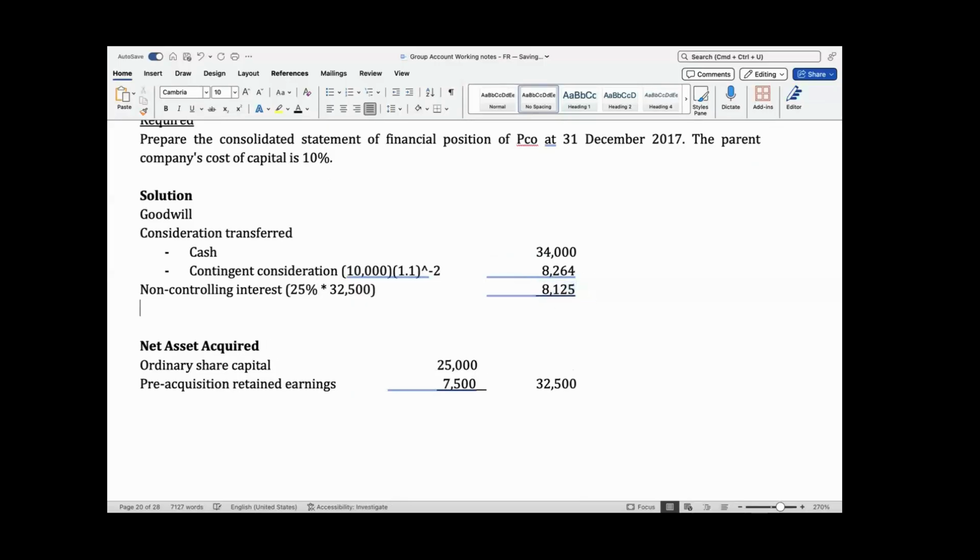So what's the addition of these three? 50,389.